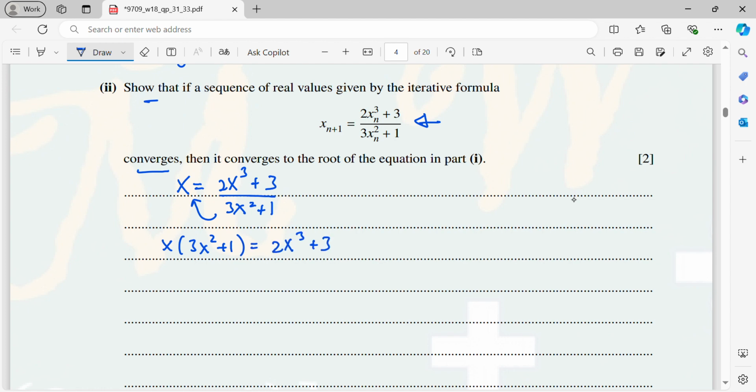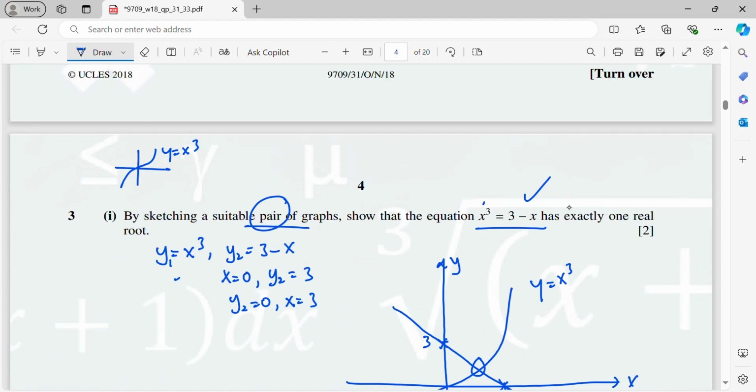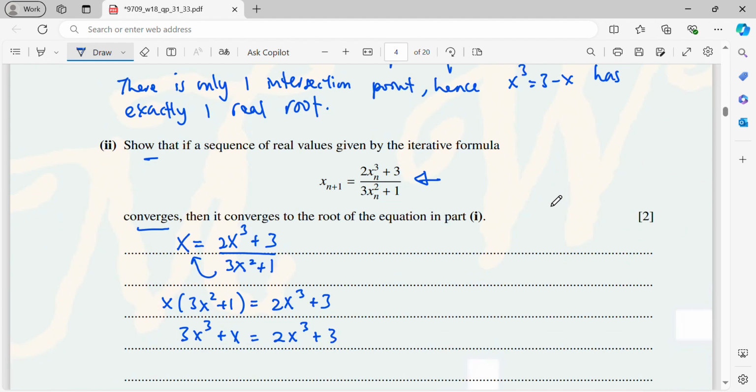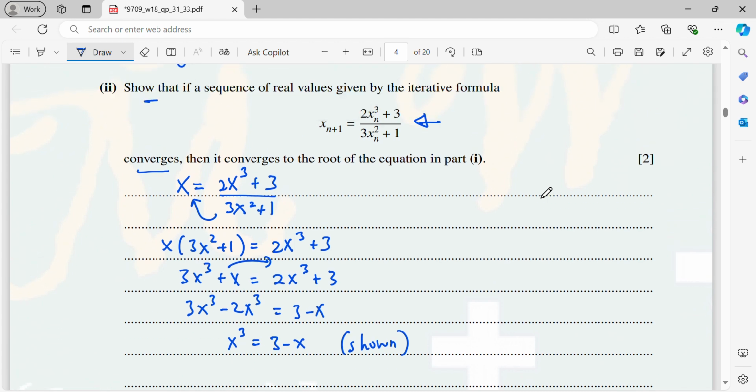Then expand the left side to get 3x cubed plus x. Right side, just rewrite. Now go back to the question. We need to get x cubed and 3 minus x, so all my x cubed should be on the left side and 3 minus x on the right side. So you move the plus x to the right side. Then the left side will be x cubed and the right side 3 minus x. So we have shown. Done for part 2.